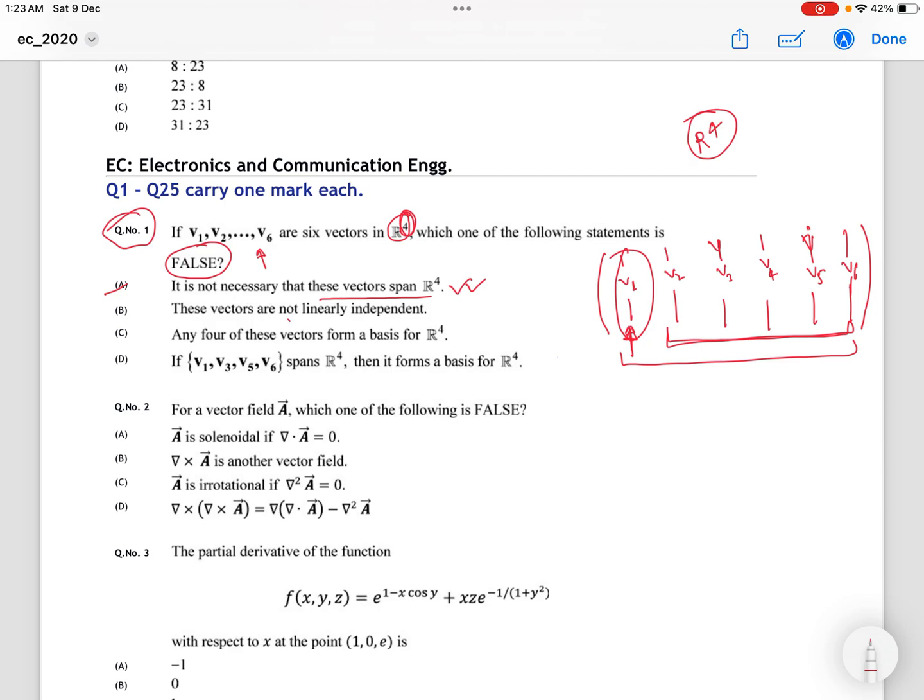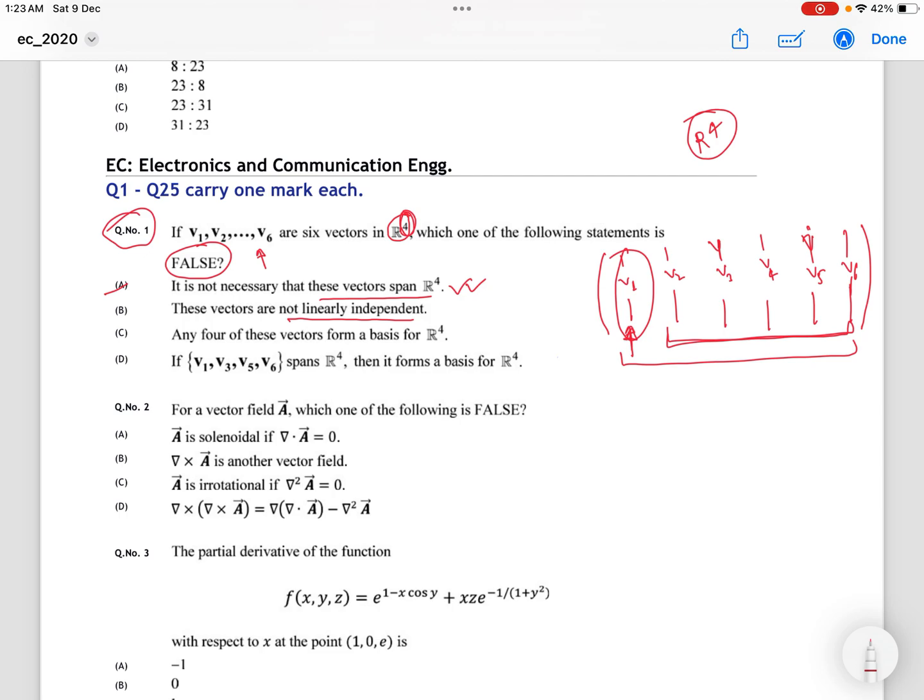These vectors are not linearly independent, obviously, because nothing else is given about these vectors, right? Let's suppose that we have 6 vectors, and all the 6 vectors are linearly independent.